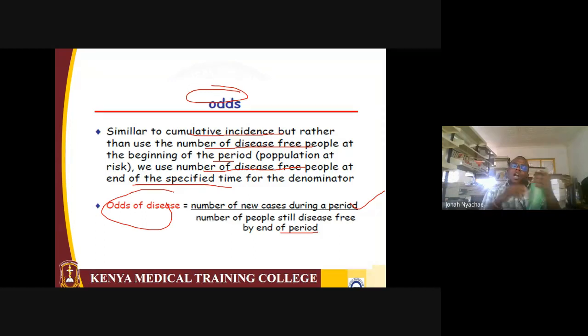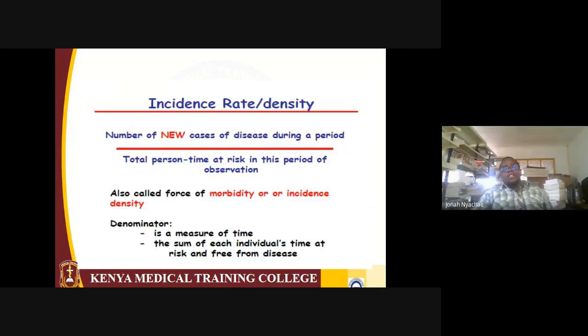So basically, we are comparing the new cases versus those people who are free. They have never been affected. That becomes the odds, meaning the probability of occurrence over the probability of not occurrence.